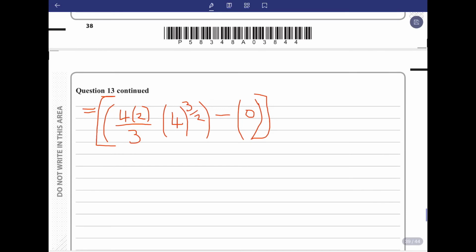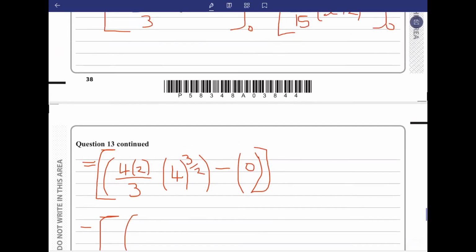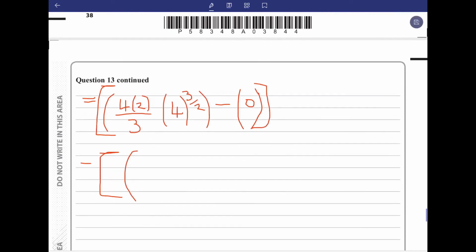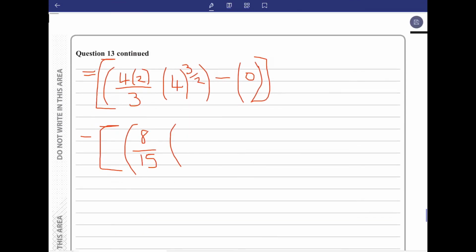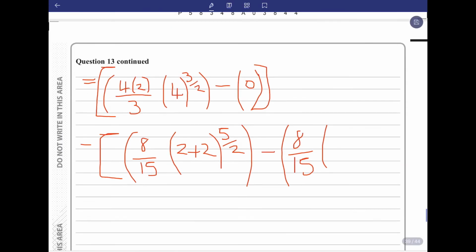And then we're taking away the result of the second integral, which was 8 over 15 times by x plus 2 to the 5 over 2. So 2 plus 2 to the 5 over 2. And then we're taking away 8 over 15 lots of 2 to the 5 over 2.